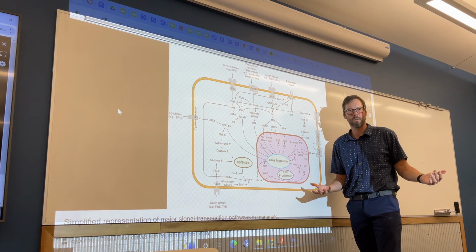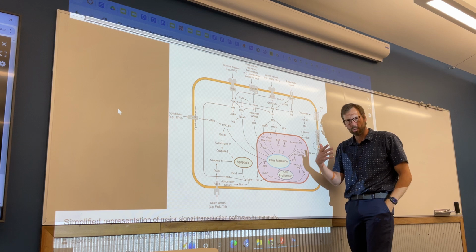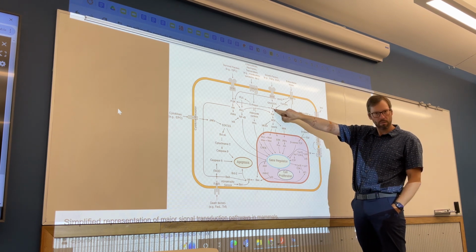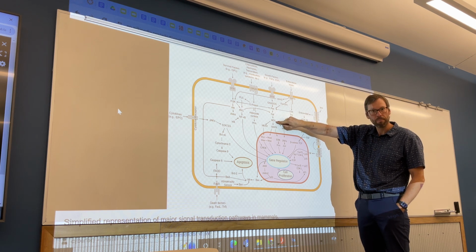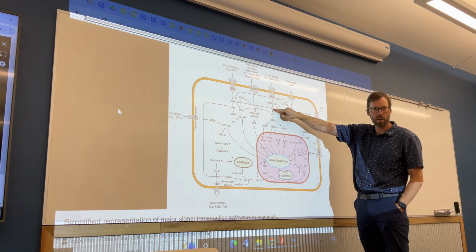Unchecked cellular division. But it is a series, and so what a lot of cancer therapies will do is, okay, it will bind one of these molecules. So there'll be a RAS drug, okay?